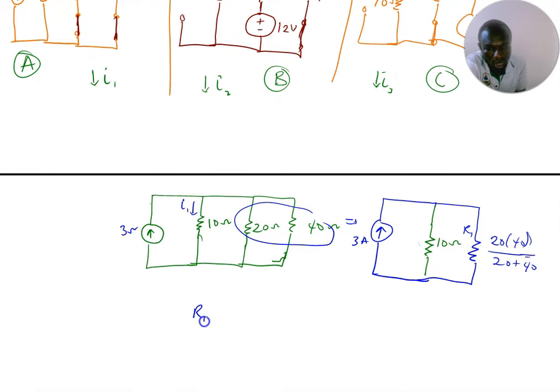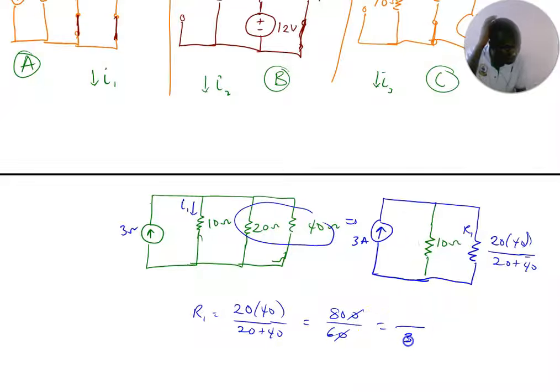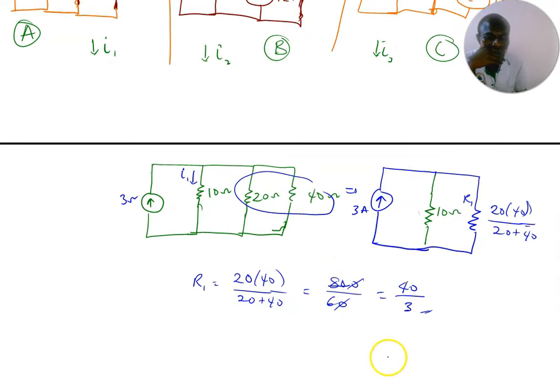So R1 is simply going to be 20 times 40, all over 20 plus 40. And this is going to give us 800 over 60. So we cancel this one. 2 goes into 60 three times, and 2 goes into 40. So we have 40 over 3. That is R1.